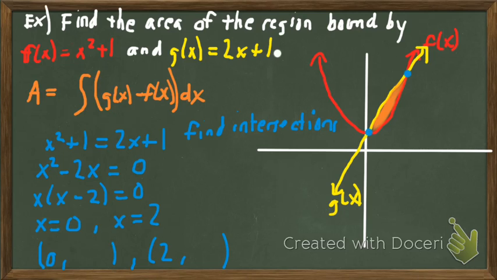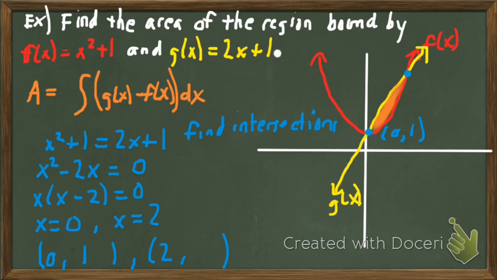If we plug in 0 into this function x squared plus 1, we're going to get 0 plus 1 is 1. But if we plug it in right here, we'd still get 0 plus 1 is 1. So on both of those graphs, whenever x equals 0, y is equal to 1. So we know this point of intersection over here, the first one, is the point (0, 1).